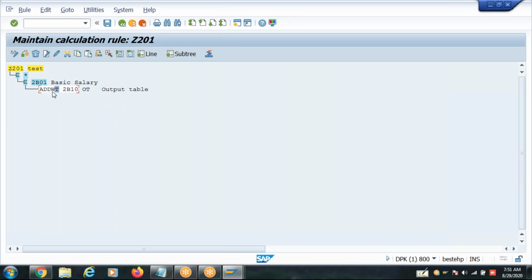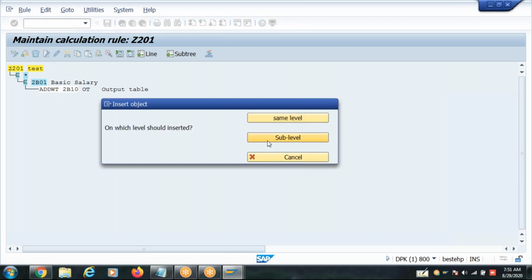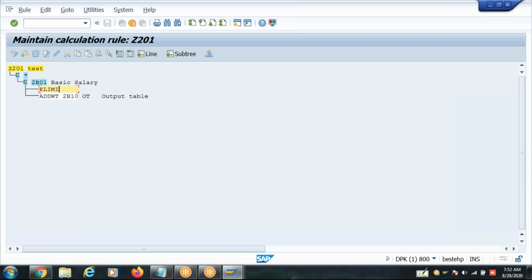Look at this. First, I'm eliminating every split and adding that into 2B10. And after that, okay, I want to generate 2B11 also.